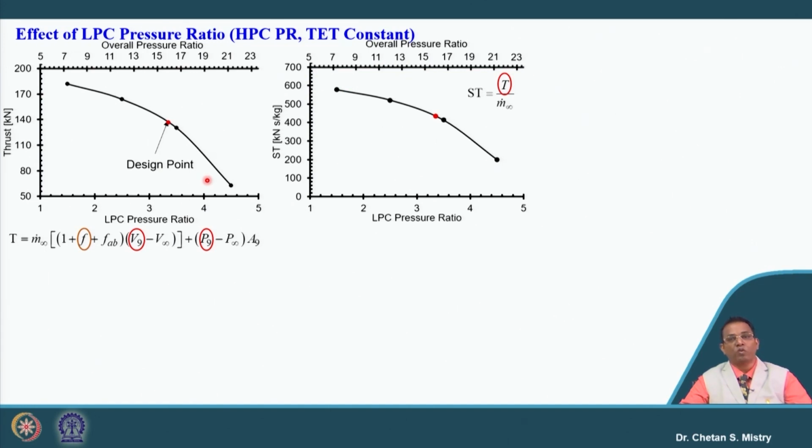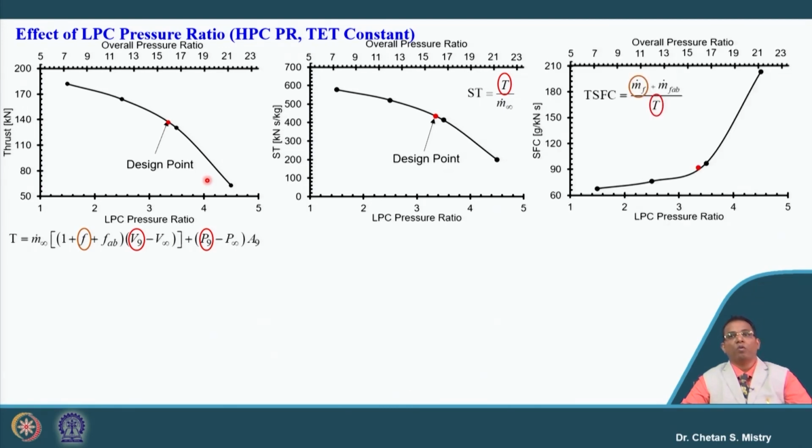We also discuss this in terms of specific thrust, that is thrust divided by m dot infinity, and under that condition the specific thrust is also decreasing.